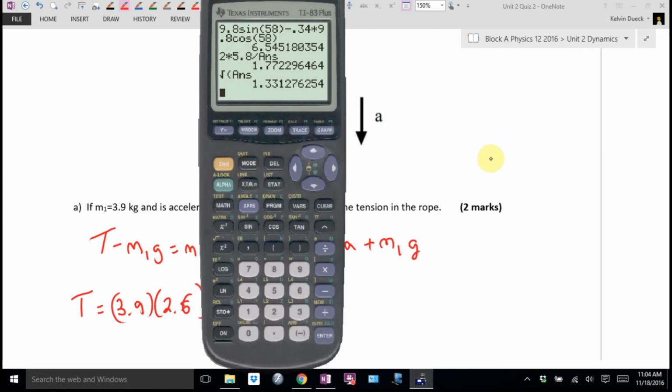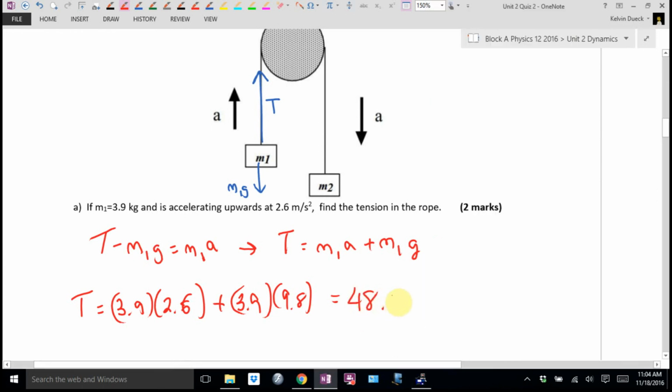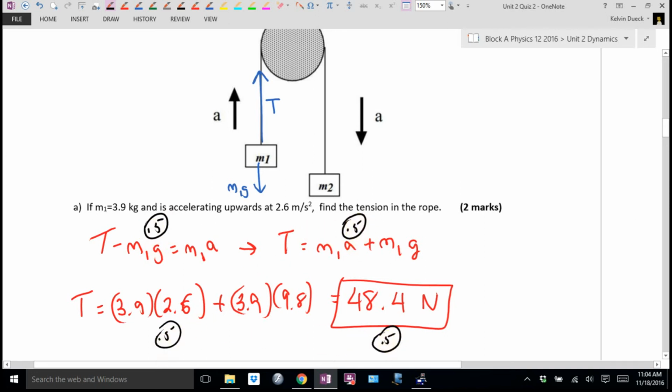I had it for a second there, and I think I forgot to carry something. 48! Yeah, I forgot to carry something. I'll go 48.4, but I'll keep the 48.36 Newtons. If you wrote that, that gets you 2 marks. Otherwise, I would go probably a half mark for that equation, a half mark for getting the tension by itself, a half mark for the numbers, and a half mark for the answer.